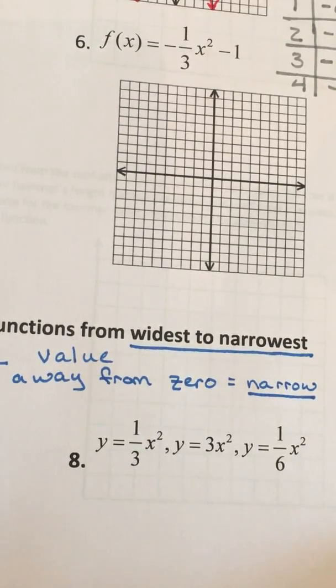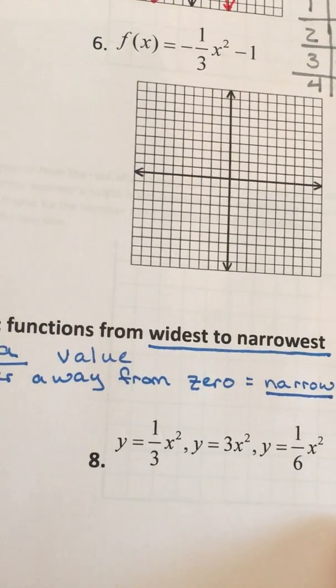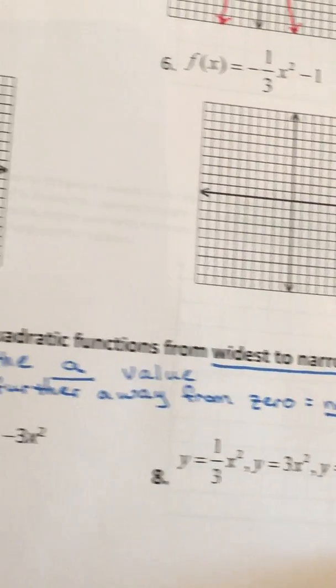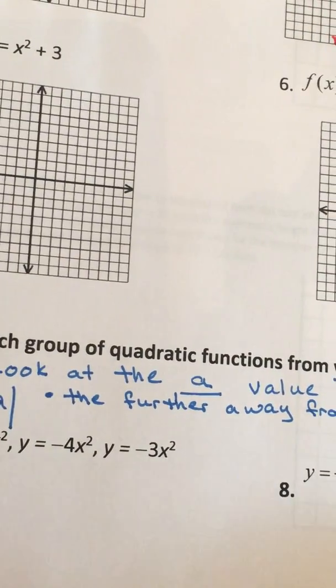The closer that absolute value number of A is to 0, the more wide it becomes.